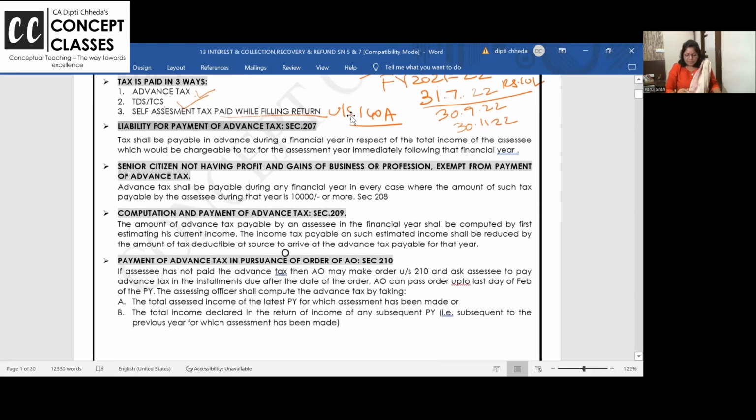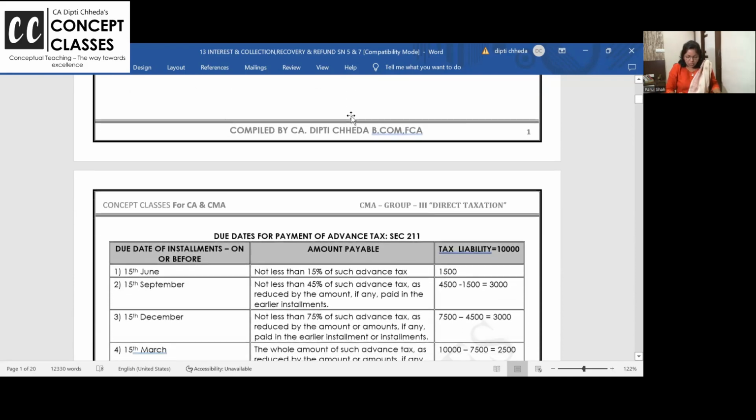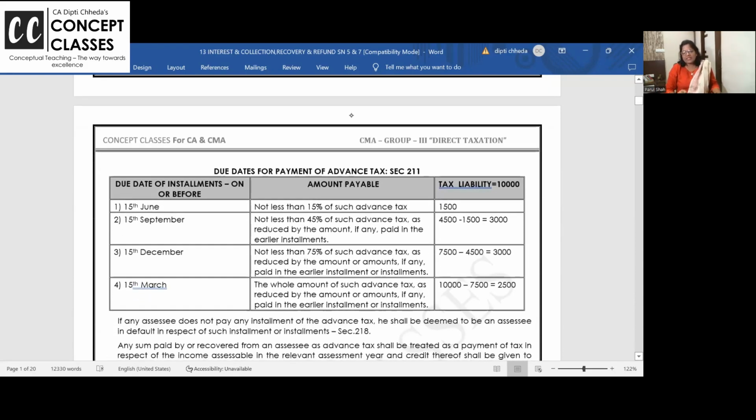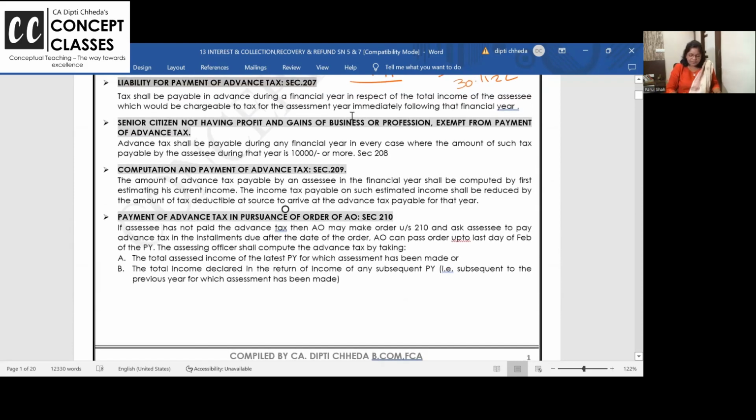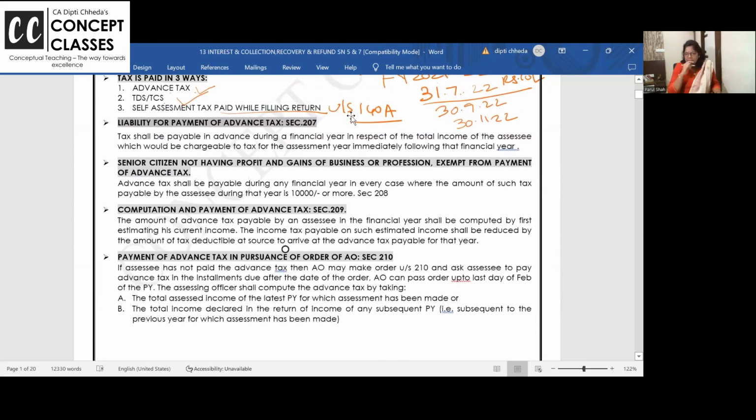Thank you. Sure. So now what I am saying, who is liable to pay advance tax? Whenever your tax amount exceeds 10,000, you are liable to pay advance tax. Tax shall be payable in advance during the financial year. Senior citizens not having profits and gains from business are exempted from payment of advance tax. Senior citizens above 60 years, who are not having business income, only pension income and other sources, need not pay.